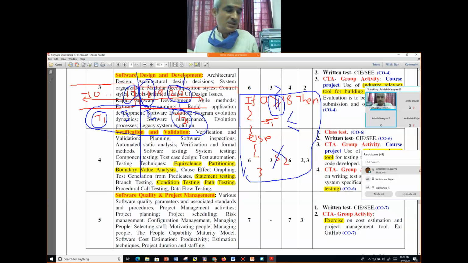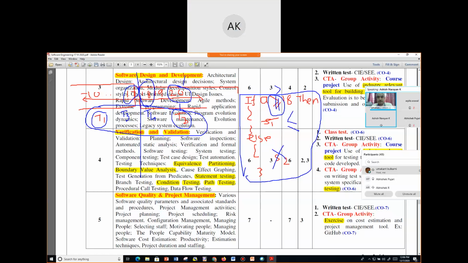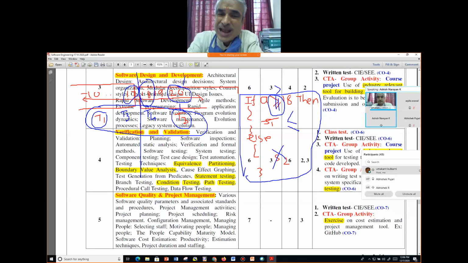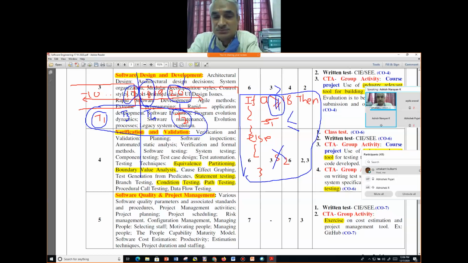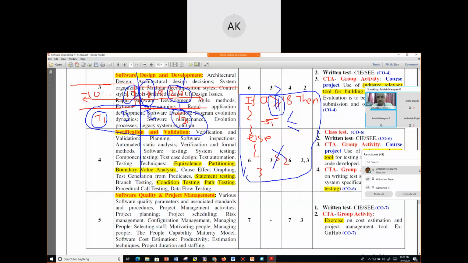Ashish, in our in-class question bank: prepare a scenario and explain how boundary value analysis reveals the error which could not be identified by equivalence partition.